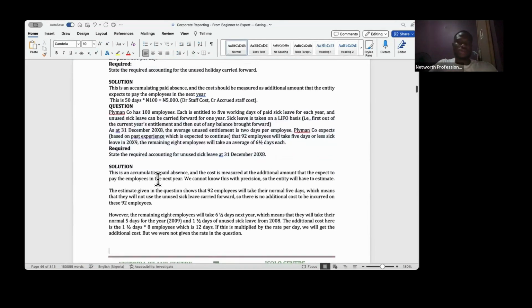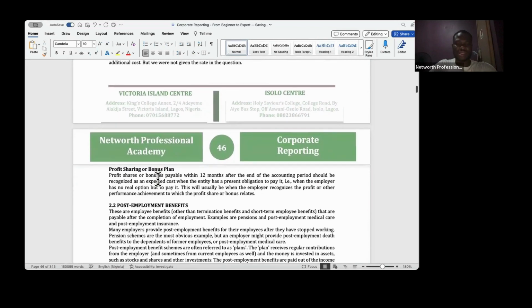And the next one, still on short-term benefits, is profit share or bonus. This is also a short-term employee benefit where the employer will give a bonus to their staff or a profit share. When this happens, it will be an additional staff cost to the company.